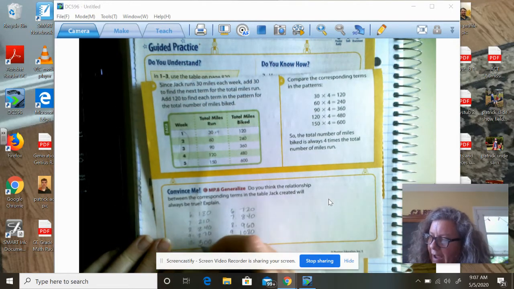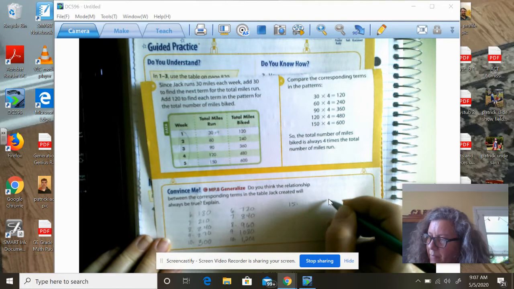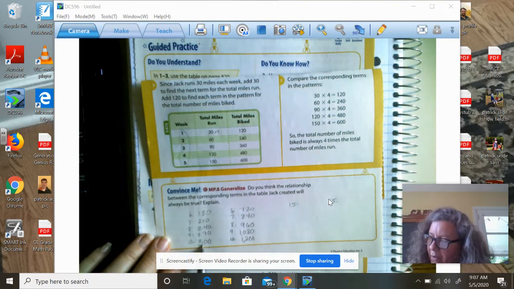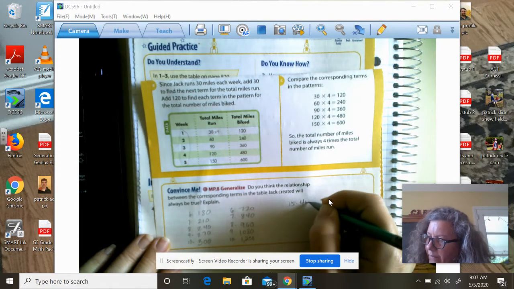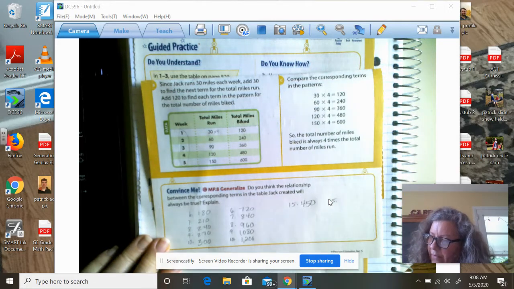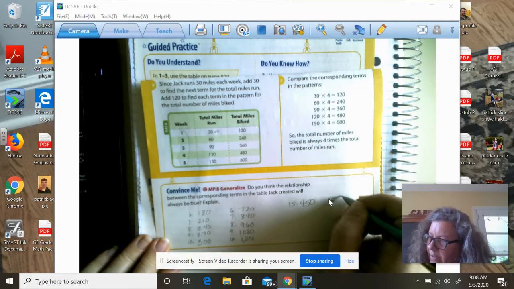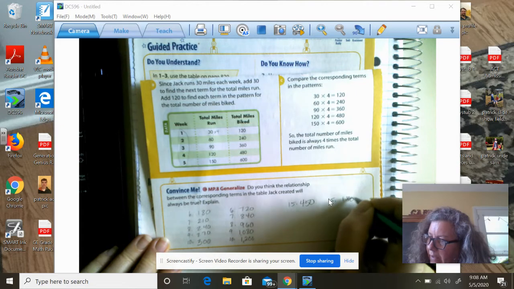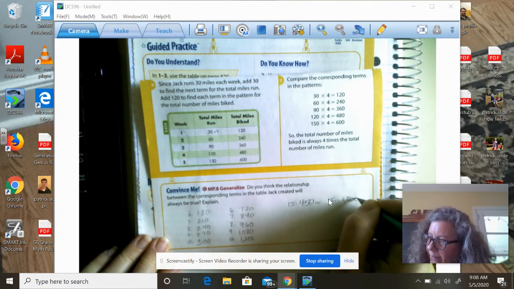So I'm just going to add, this is week 15 for both. I'm just going to add 150 to 300 and get 450. For 1,200, if he did 120 a week and I'm doing 5 times that, that's 600. So if I add 600 to this, I get 1,800 miles for that.